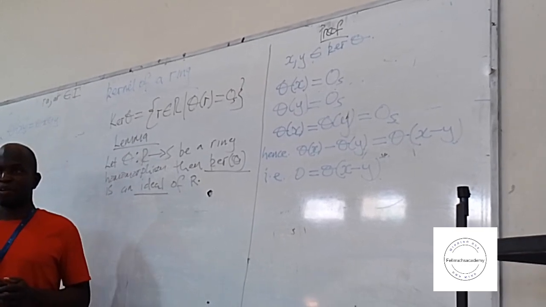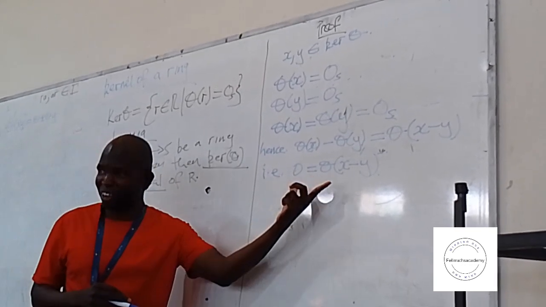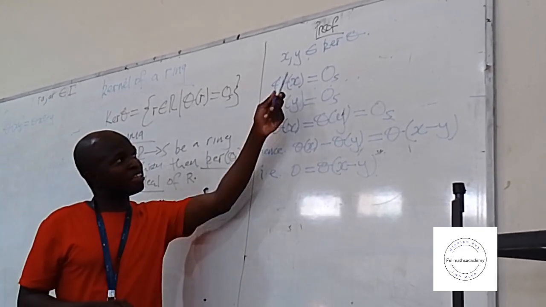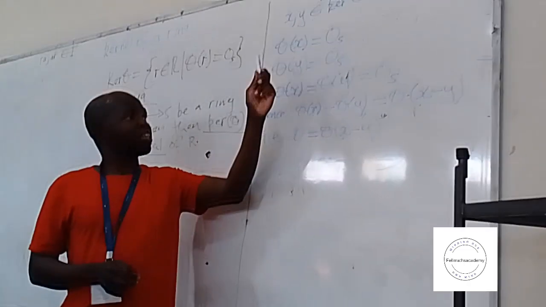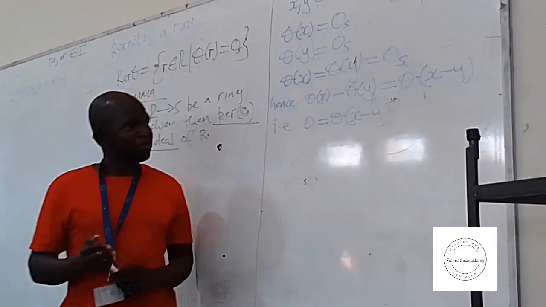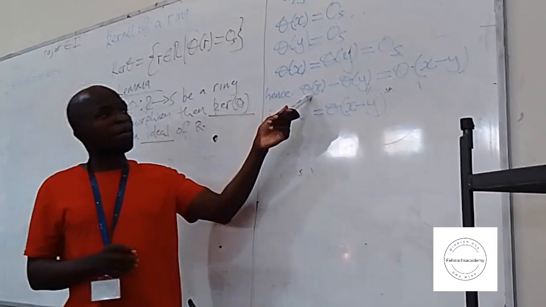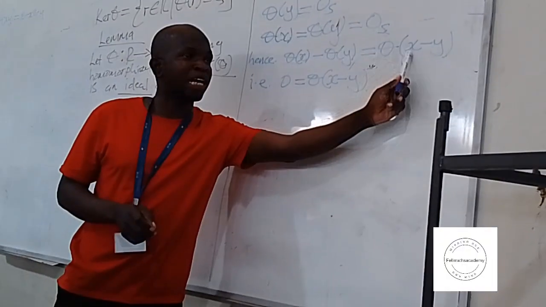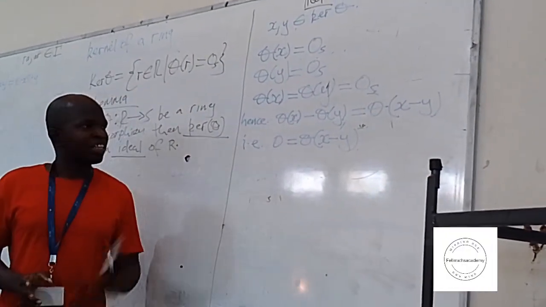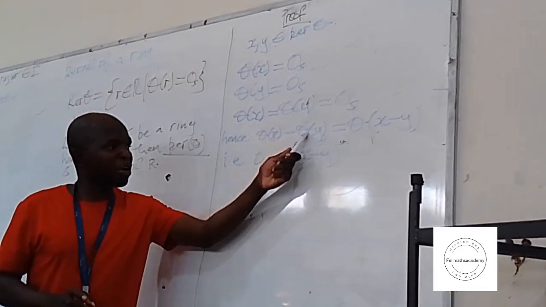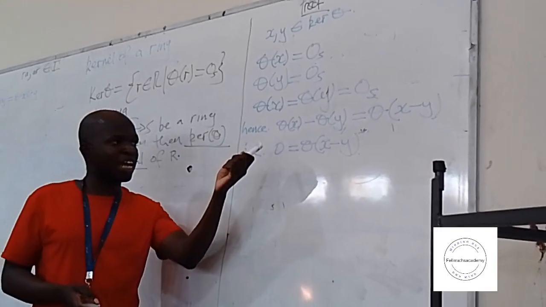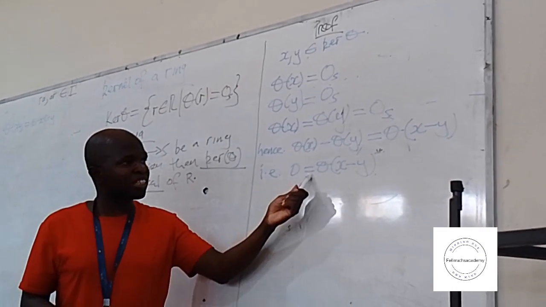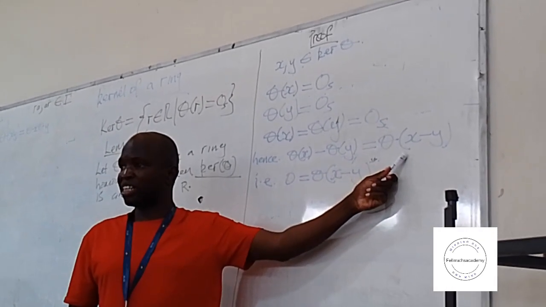Okay. Let us interpret what was said. Theta x is what? Theta y is what? 0. And by homomorphism, theta x minus theta y is equal to theta of x minus y. Theta x is 0, theta y is 0. So we have a 0 here, which is equal to this new expression.